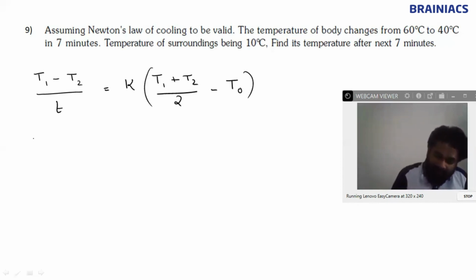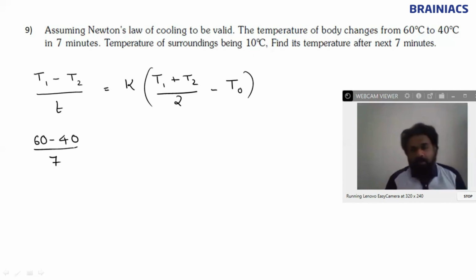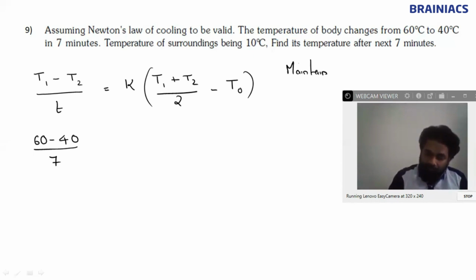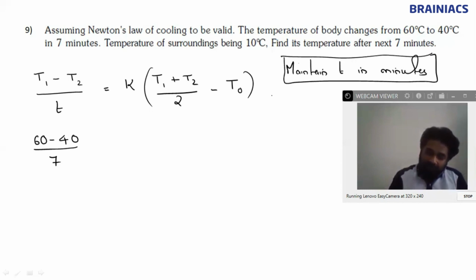So first is 7 minutes. Let us see, 60 minus 40 by 7. Certain things which I need to tell you: maintain time T in minutes while solving this question using this formula. First point is maintain time T in minutes itself.